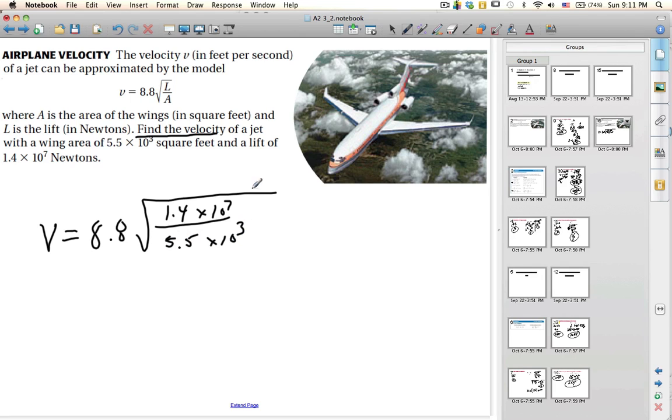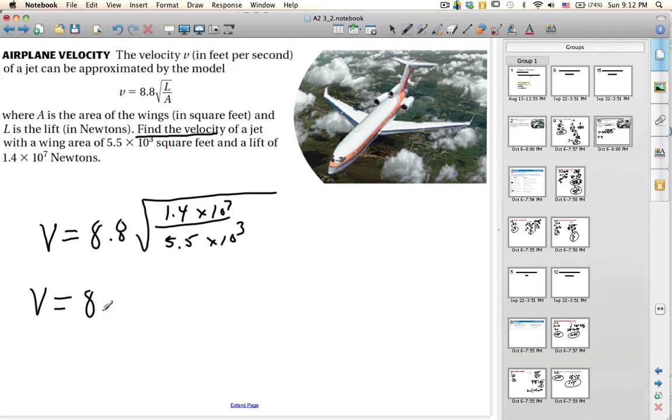So we're also going to do a little review here of scientific notation. Okay, so the first thing I want to do is I want to split the scientific notation into parts, because then I can work with the powers of 10 separately, and that's going to be easier.